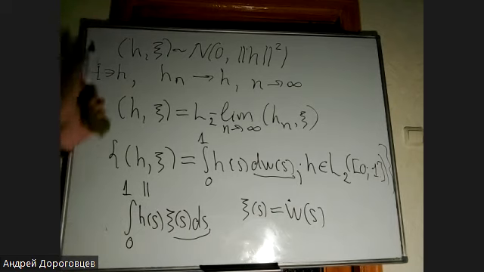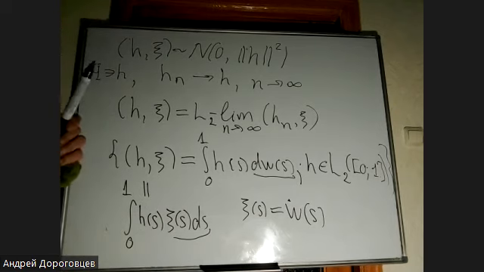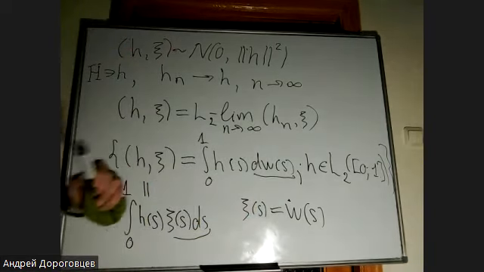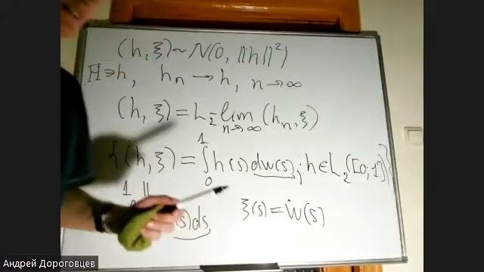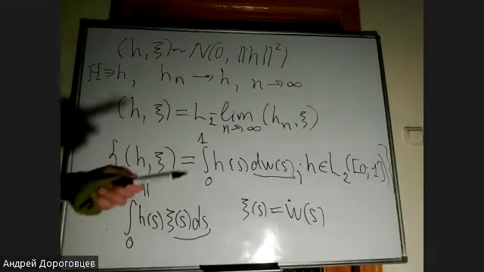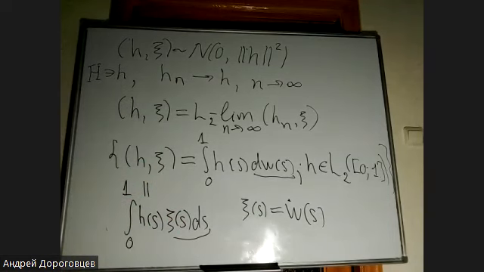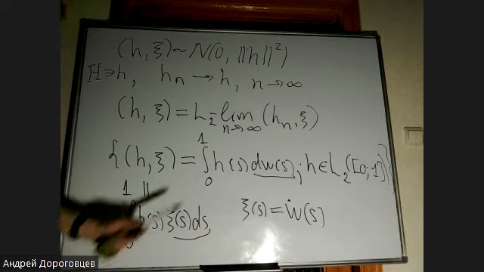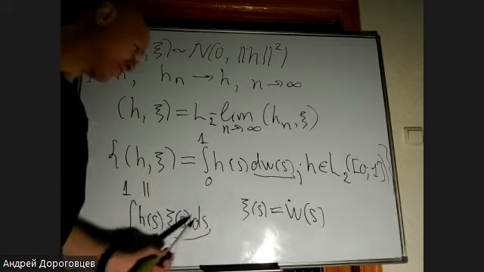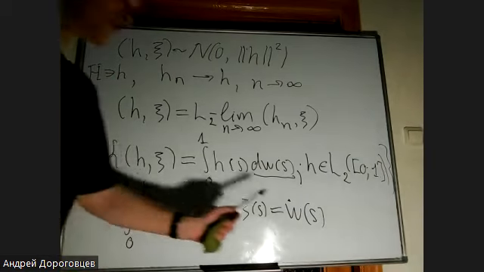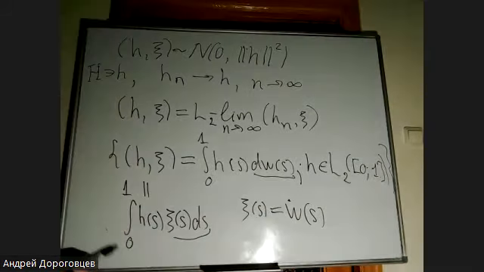Further we will see that this formal derivative of W can be considered as a proper random element in the Schwartz space of distributions, but we don't need it right now. I just show you this formal expression and notation because you can find it in the literature.